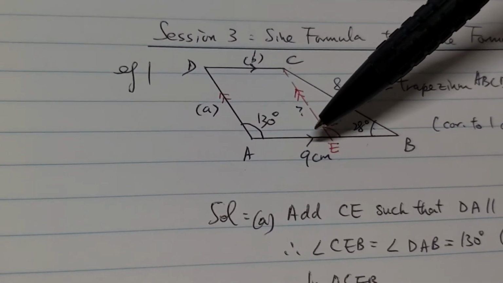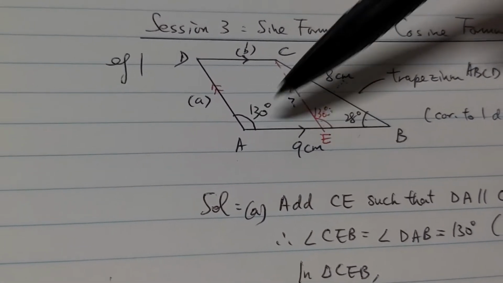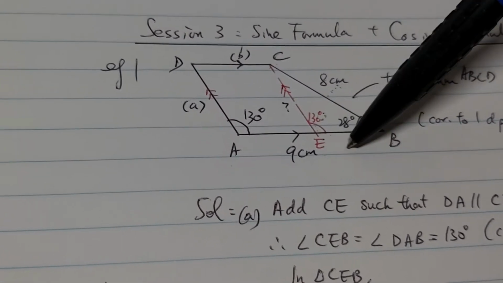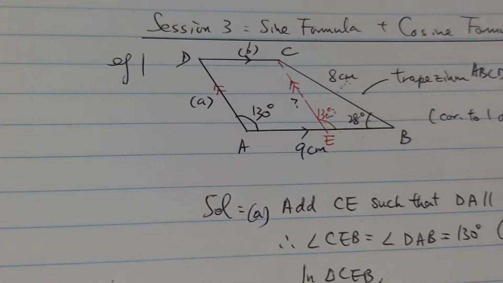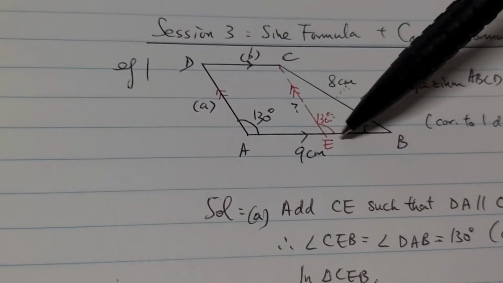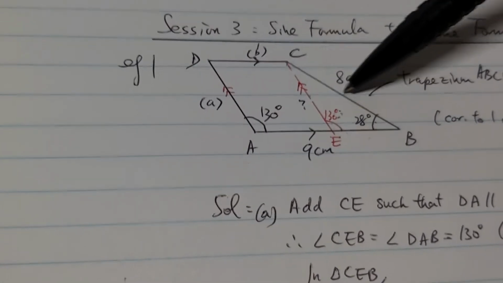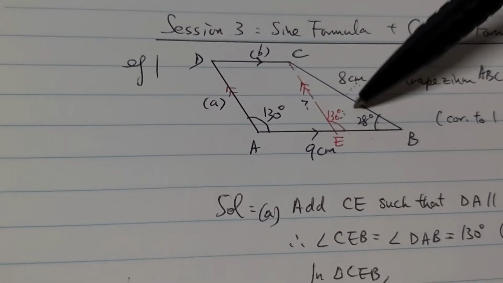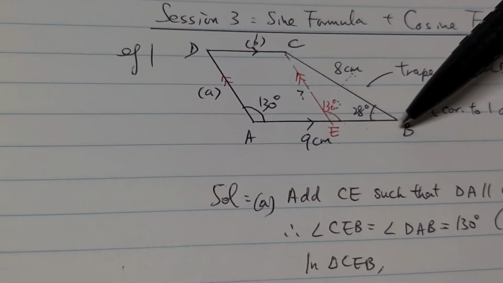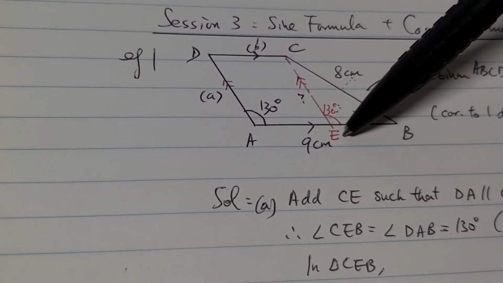AE is a part of AB. Therefore, if we can find the length of BE, we can find the length of AE, so we can find the length of DC. Again, on this triangle, we can find other lengths, and so we can find BE.